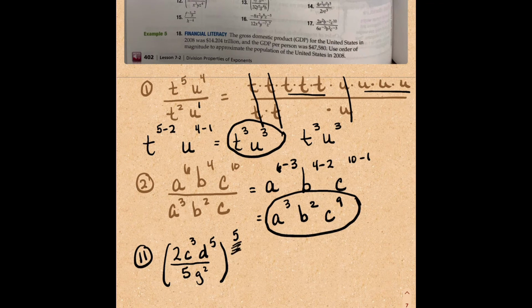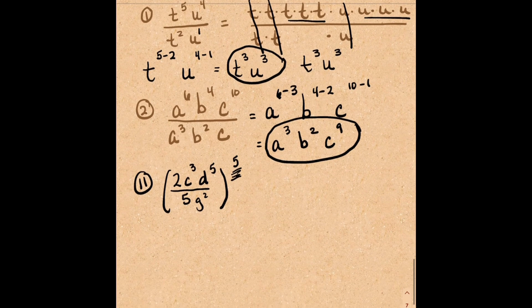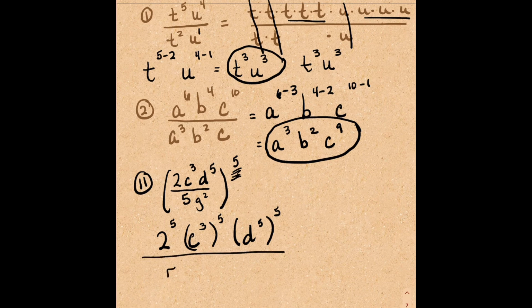So I have 2 to the 5th power, C to the 3rd power to the 5th power, D to the 5th power to the 5th power, over 5 to the 5th power, and G squared to the 5th power.